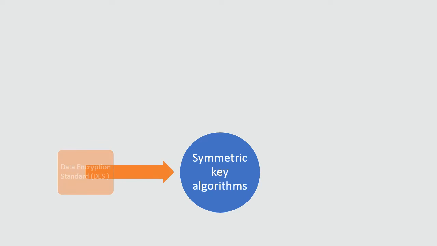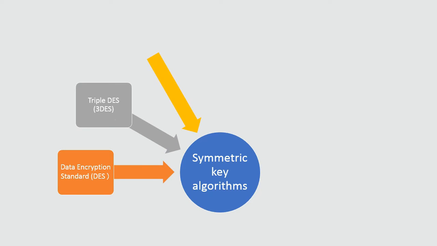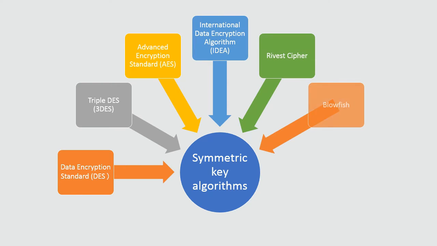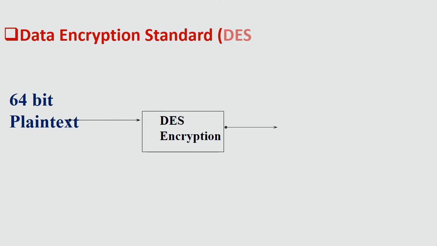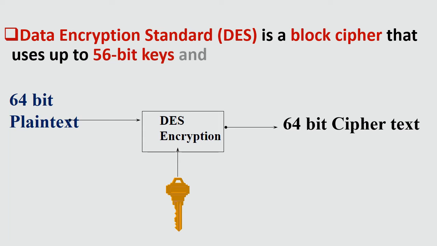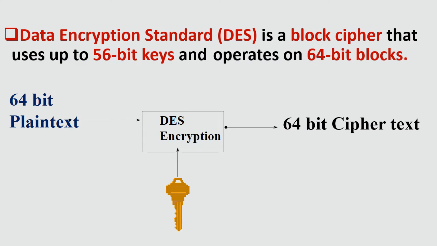Symmetric key algorithms are Data Encryption Standard, DES, Triple DES, 3DES, Advanced Encryption Standard, AES, International Data Encryption Algorithm, IDEA, Rivest Cipher, Blowfish and Twofish. Data Encryption Standard, DES, is a block cipher that uses up to 56-bit keys and operates on 64-bit blocks.